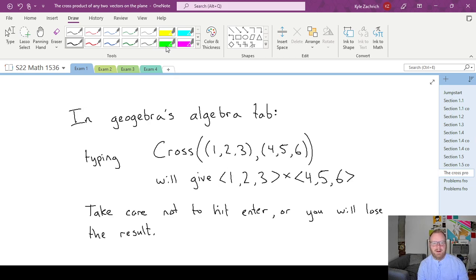So that's what I'm going to be using to find my cross products. But if you go to GeoGebra, where you would normally type in things like your arc cosine and things like that we're using, so in that algebra tab, if you type cross and then these parentheses, and then your two vectors separated by a comma on there, that will tell you what the cross product of those two vectors is.